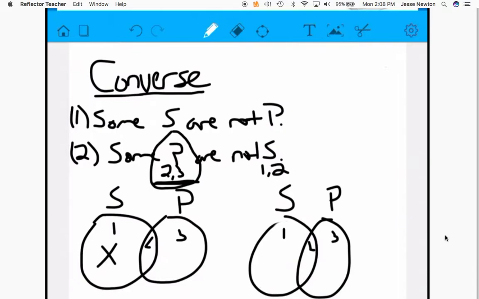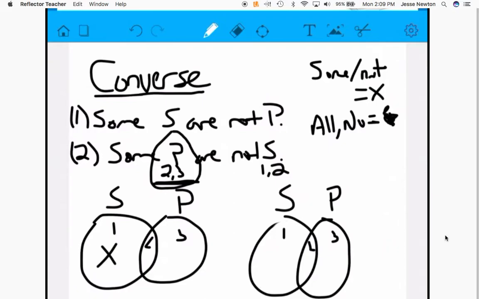In other words, whenever you see the word some or some not, it's always X, right? And whenever you have all or no, it's always shade. So that's something to keep in mind as well. You never use shade for some or some not. You never use X for all or no. Maybe that'll help you keep things straight.